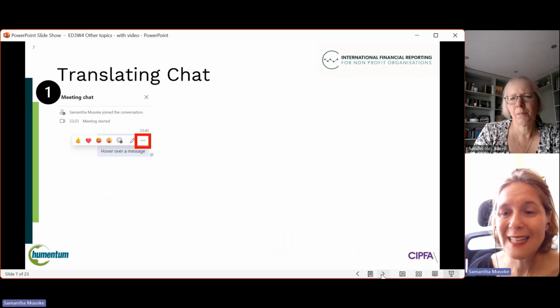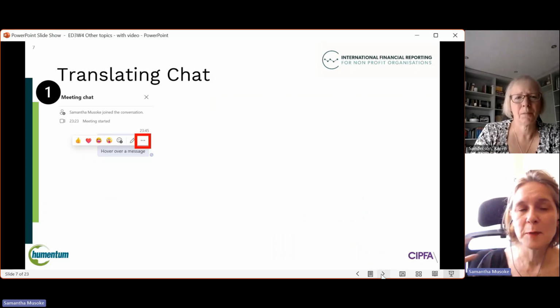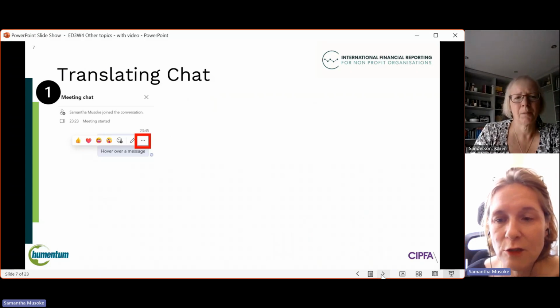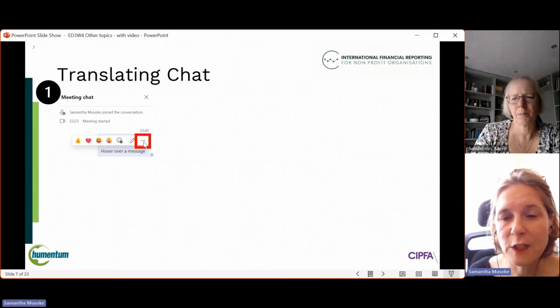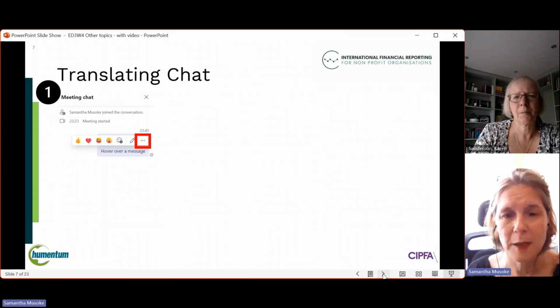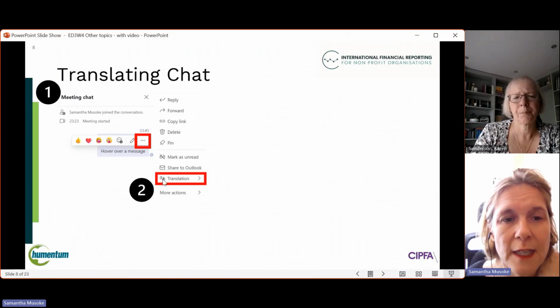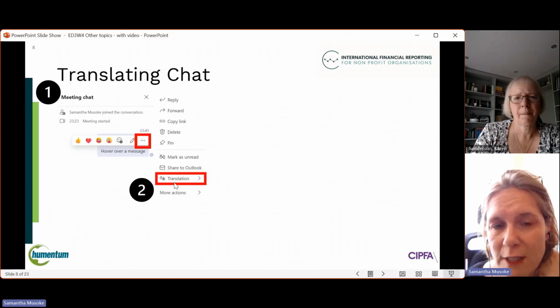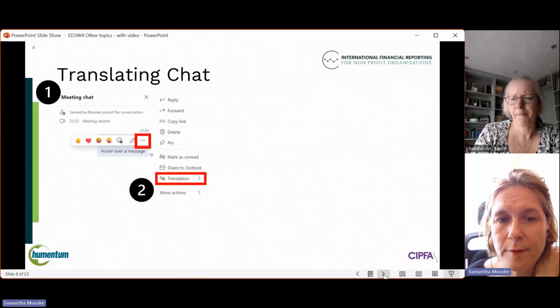We can also translate the chat, which means even if people are typing in other languages, you can read them in your own language. So go to the chat, hover over a message, and you'll see the 3 dots. I'd recommend this also for English speakers, so that if other people are typing, you can also see it in English. After the 3 dots, there's the translation option.